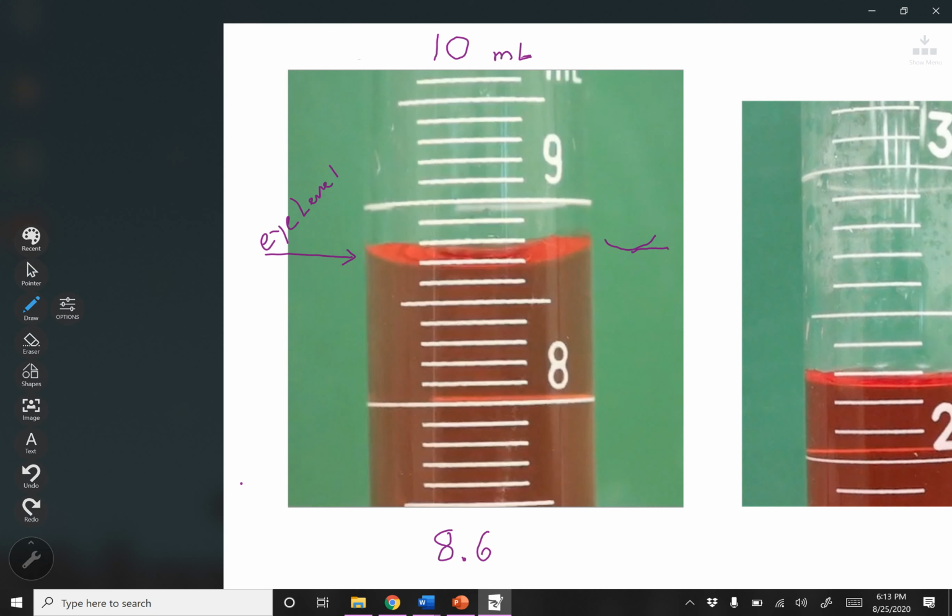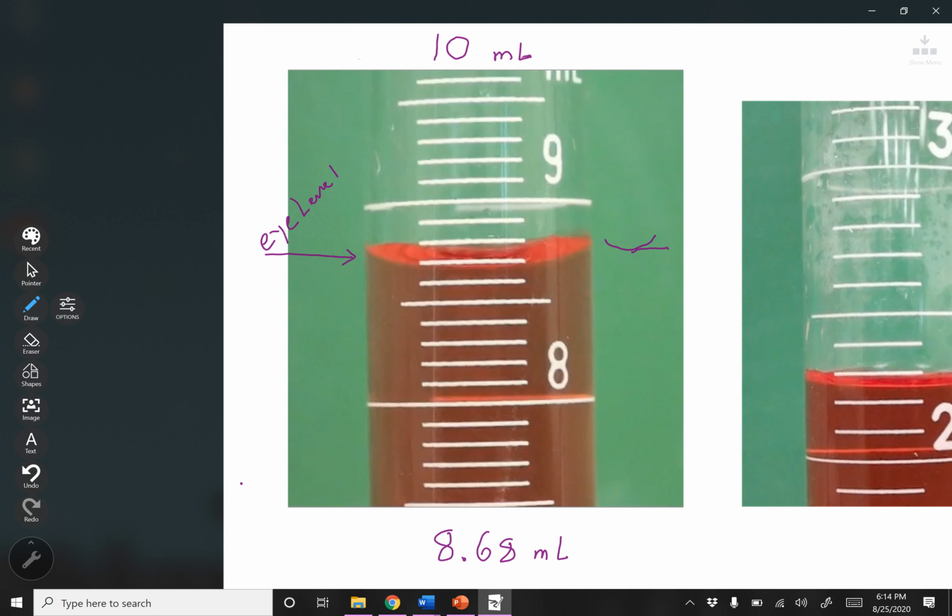So let's say this is around 8.6, and it looks a little bit lower than 0.9 to me, so let's say it's 8.68. If you read this as 8.69 or 8.67, those would both be correct. This is how your eyes differ from my eyes, how your estimation differs from my estimation. My final measurement for this would be 8.68, and don't forget your unit, which would be milliliters.